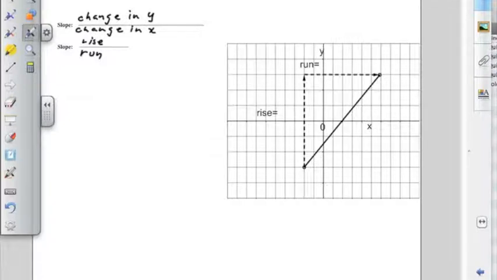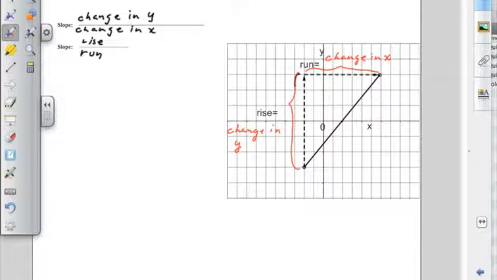Okay, so if we were to look at this diagram here, this distance here is the rise, and that's the change in y. And this distance here, the run, is really the change in x. Okay, so that's how slope of a line segment is defined.